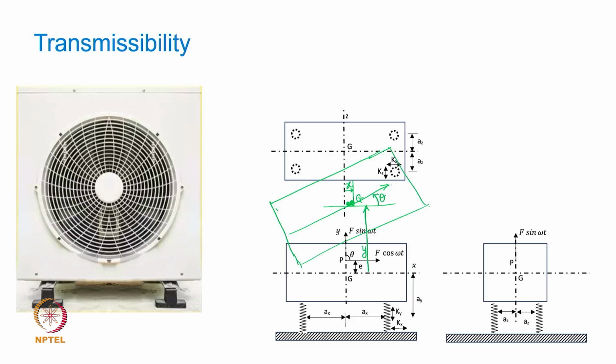Now if this kind of a free body is shown displaced from its initial position, what are the forces which are going to get generated in this body? That is what we are supposed to think. In the case of coupled pitching and bouncing motion, you have already discussed and derived those governing equations of motion.